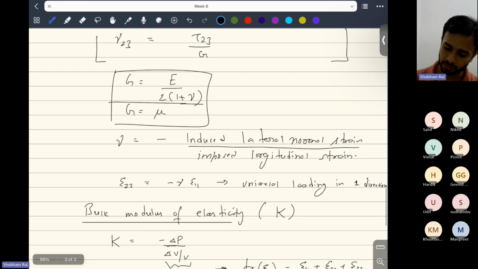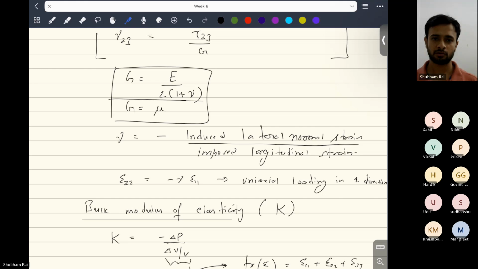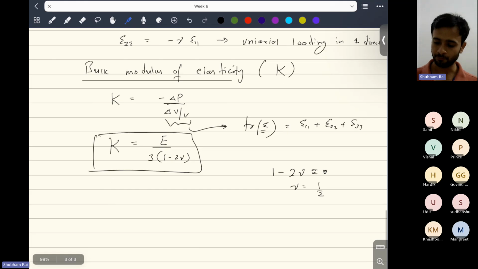And lower limit comes from the shear modulus of elasticity. So this cannot be negative. If you are applying, let's say, only shear stresses and strain present in a body, and you apply shear stress in this direction, so strain should also be in this direction only. So with that analogy, shear modulus of elasticity cannot be negative. So this 1 plus mu should be greater than 0. It means mu should be greater than -1. So it puts a lower limit on the Poisson ratio.